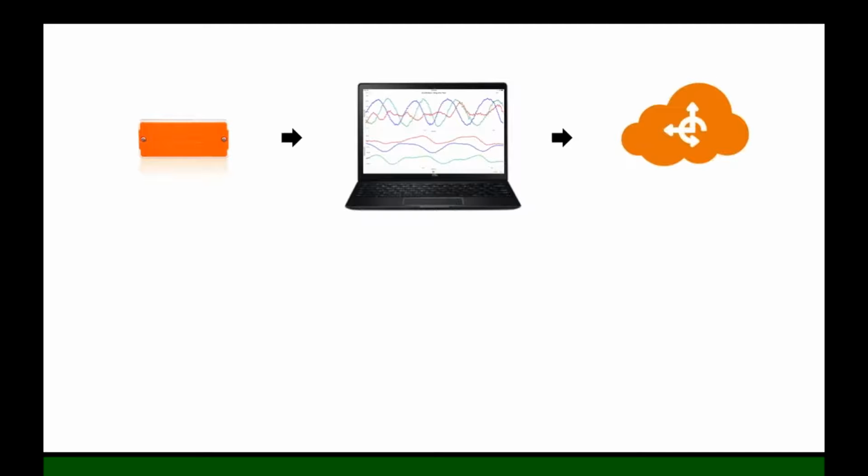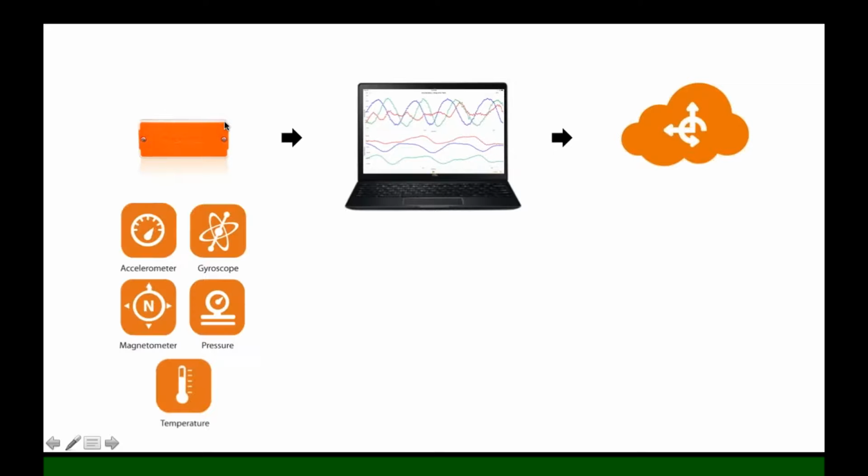So how exactly does PocketLab all work together with your Chromebooks and with the different software that you'll have? PocketLab is the small wireless sensor here on the left, and in PocketLab you actually have 5 different sensors.